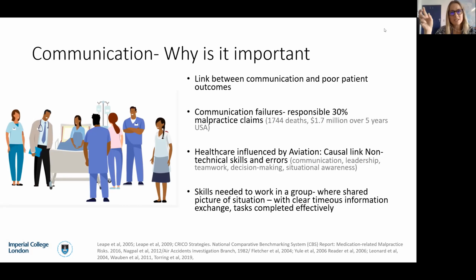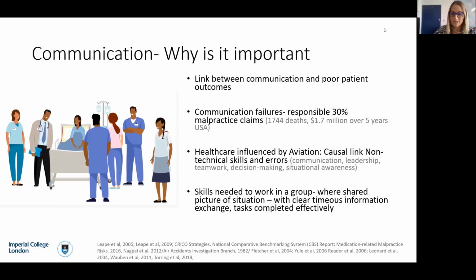And these non-technical skills relate to communication and leadership, teamwork, decision-making, and situational awareness, which up until that point were considered as soft skills, and there weren't really connections between the impact of that on outcomes.